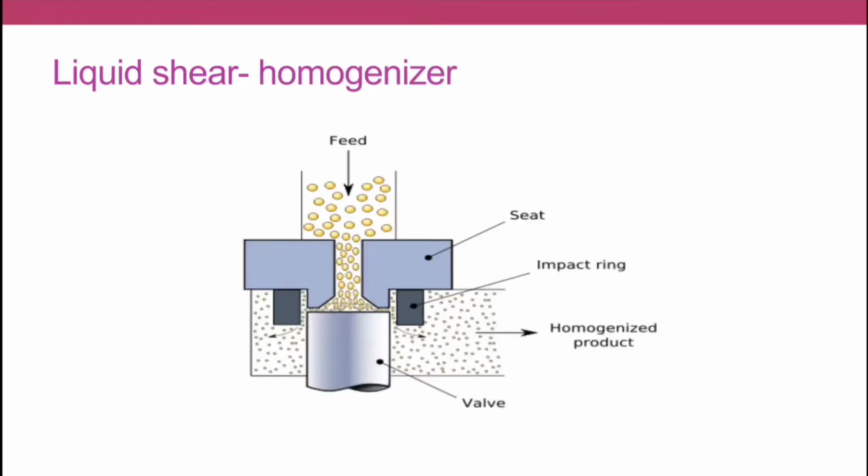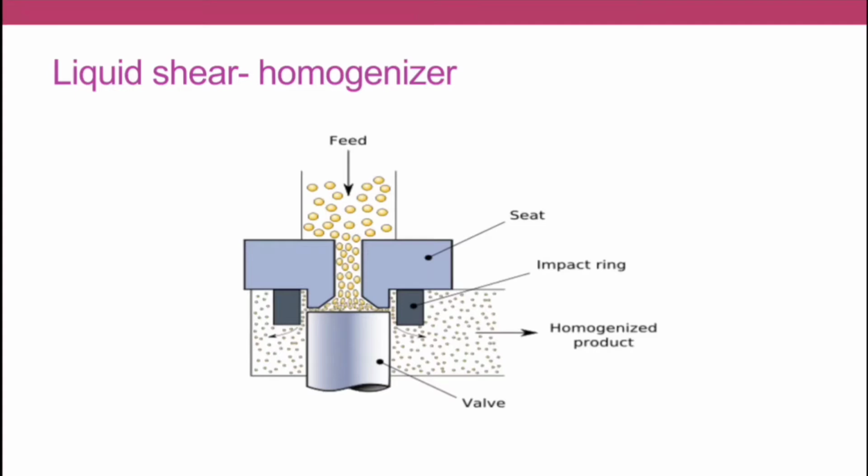This is a liquid shear homogenizer where the feed is given from the top. You can see the channel over here in between, and through that channel the impinging valve is moving up and down, because of which the microbial cells get pressurized, and you can get a homogenized product on both sides.